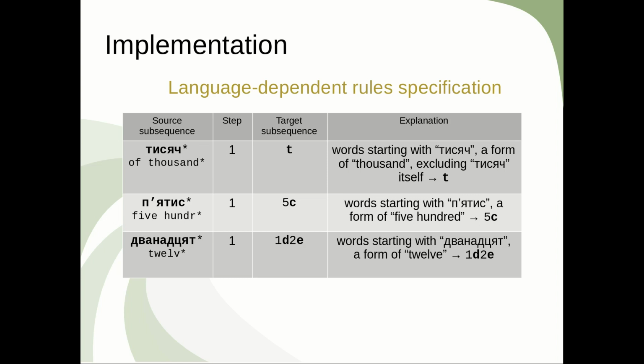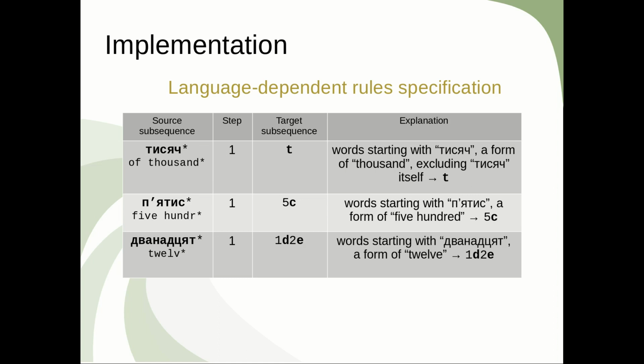Step equal to 1 means that we move right to the next word, and the target sequence means the label or the digit and label that we map to.